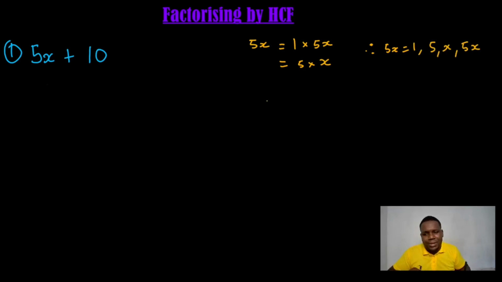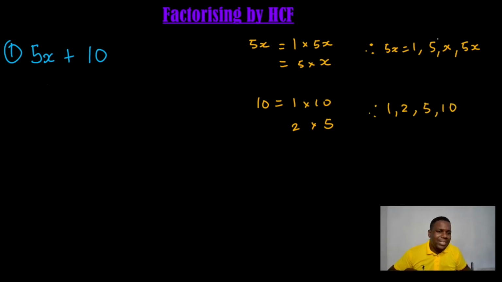And we're going to do the same thing for 10. We know that we can multiply 1 times 10 to give us 10. We can also multiply 2 times 5, right? So therefore, the factors of 10 would be 1, 2, 5, and 10. We can see that 5 is the highest common factor for both 5x and 10.